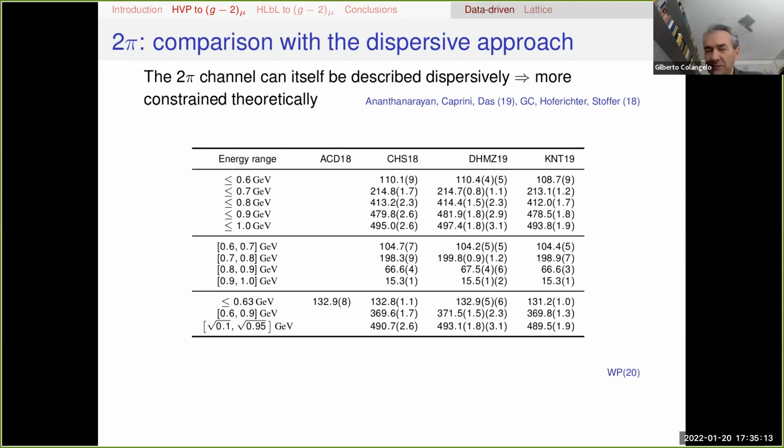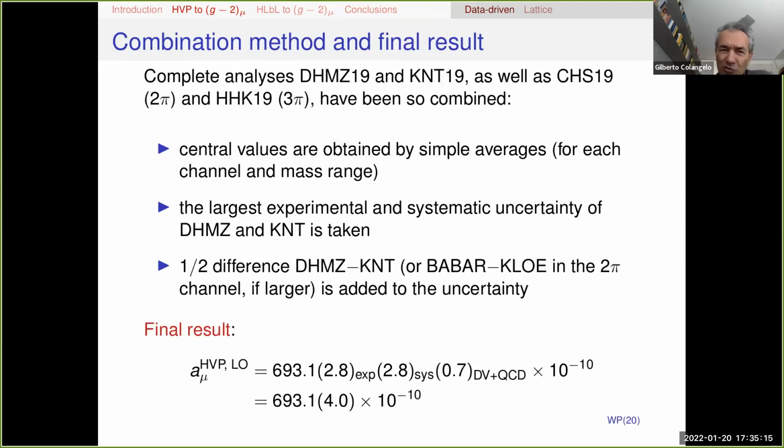Now, let me come to the conclusion, to the combination of these results, and in particular to the protocol which has been adopted by the white paper. So the 3 points are written here. Central values are obtained by simple averages, channel by channel, and mass range by mass range.